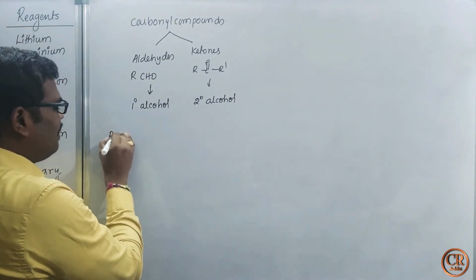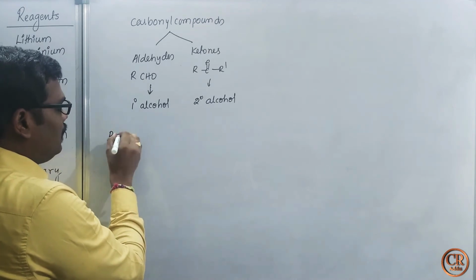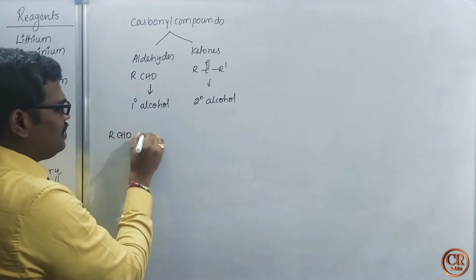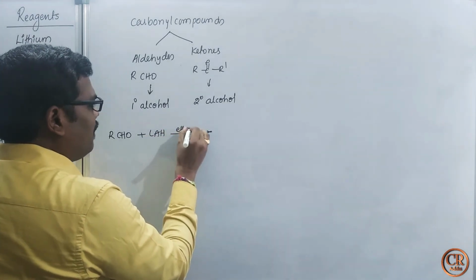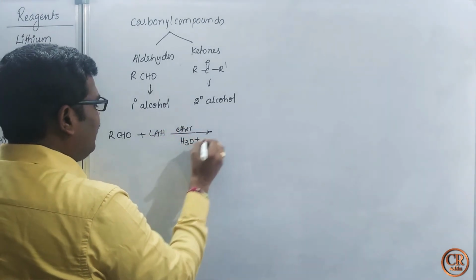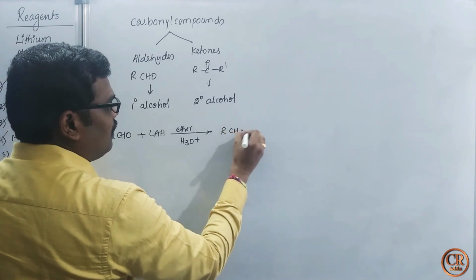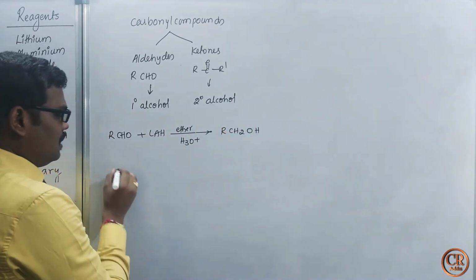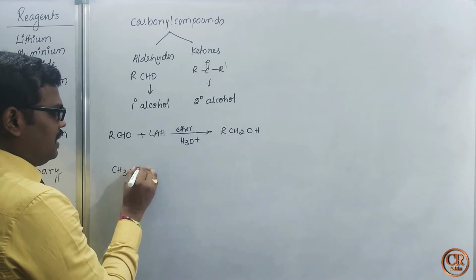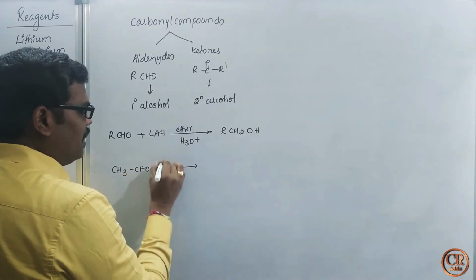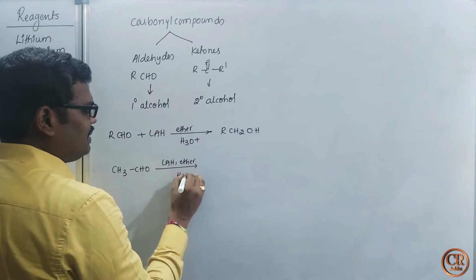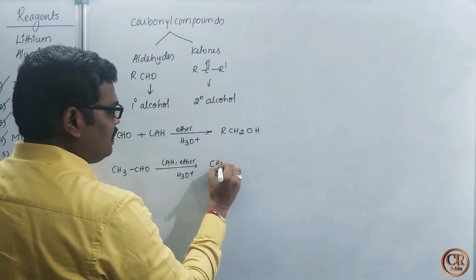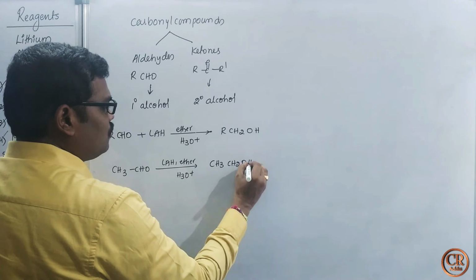Now we take general reaction with lithium aluminum hydride. RCHO when reacted with lithium aluminum hydride in ether followed by acid hydrolysis gives primary alcohol RCH2OH. Let us take one example. CH3CHO when reacts with lithium aluminum hydride in ether followed by acid hydrolysis gives CH3CH2OH.